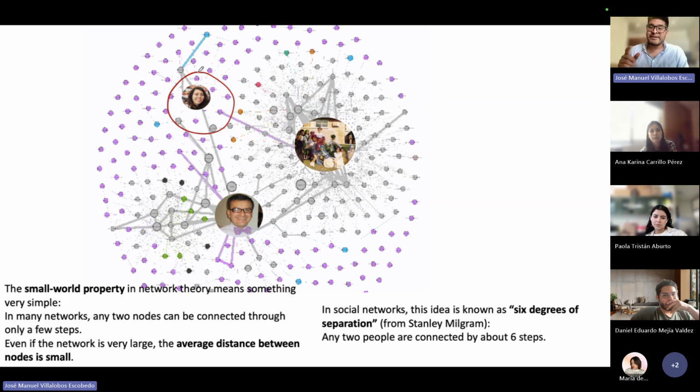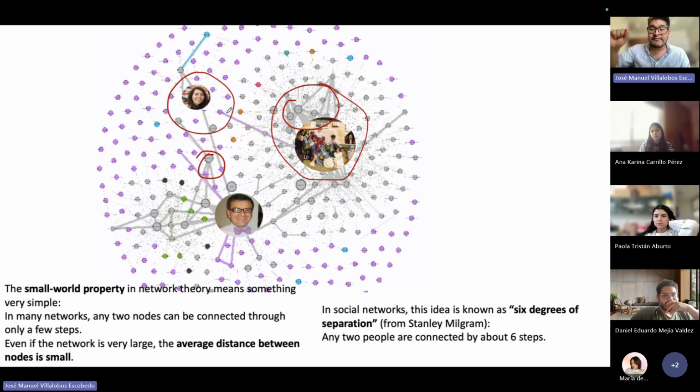Maybe you know another person who is your connection with somebody super important for you, and this person is close to you, but you don't know them, yet is super connected to you because many people are sharing connections. That means that, at least in social settings, this kind of network is happening also.